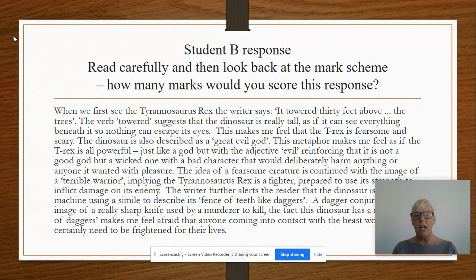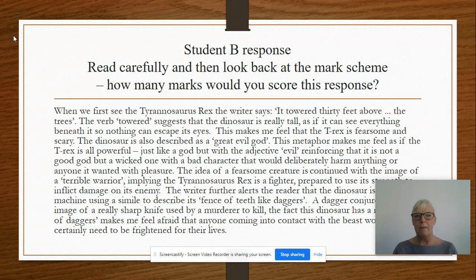A dagger conjures up the image of a really sharp knife used by a murderer to kill. The fact that this dinosaur has a mouthful of daggers makes me feel afraid that anyone coming into contact with the beast would certainly need to be frightened for their lives.